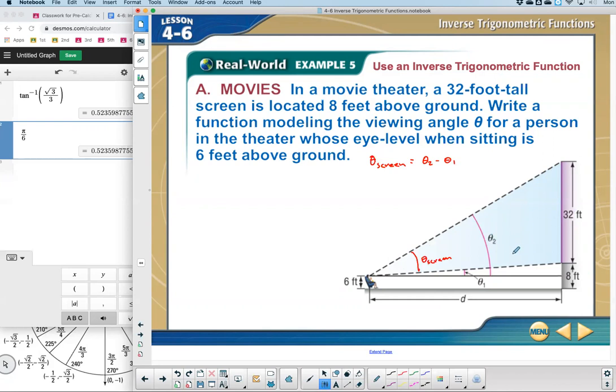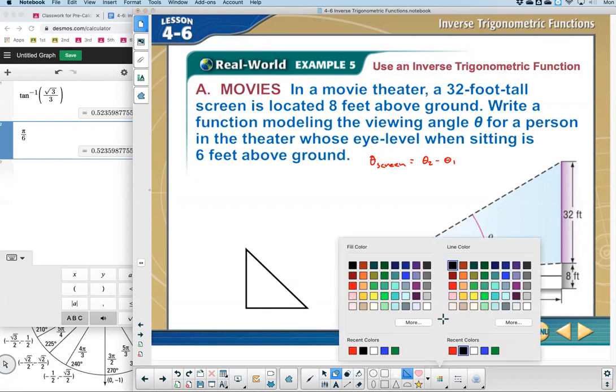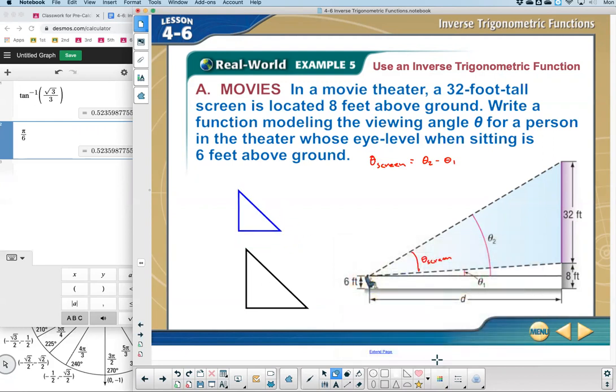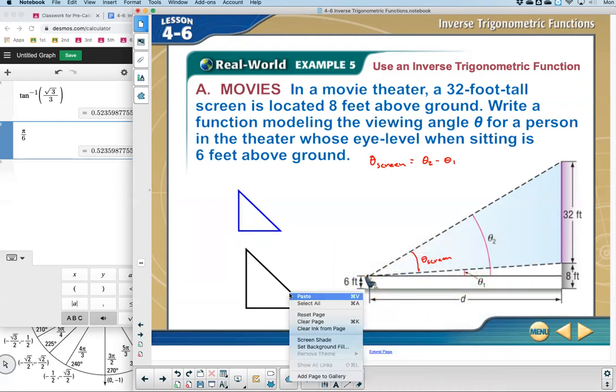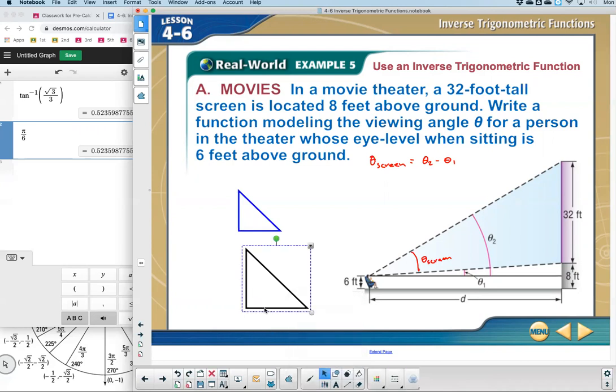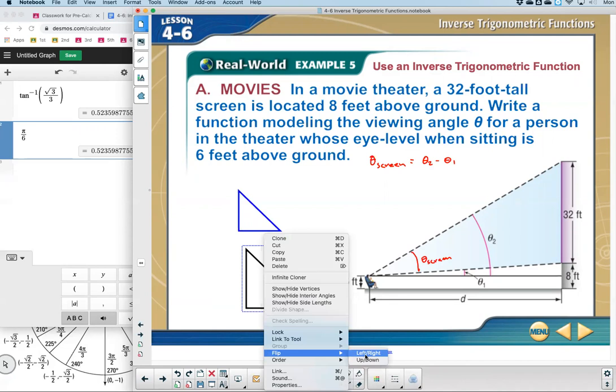So now let's do some math here. To help you see this, I'm going to draw a little triangle, and I'm going to do the best I can because I've got to do a couple things with this. Let me get 2 triangles actually, and I'm going to flip this one. Flip left, right.